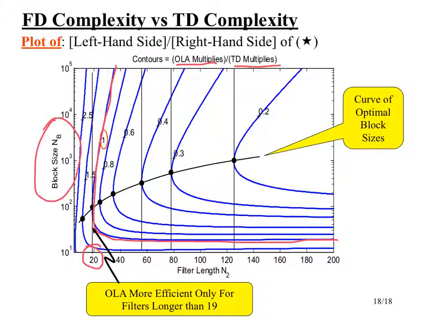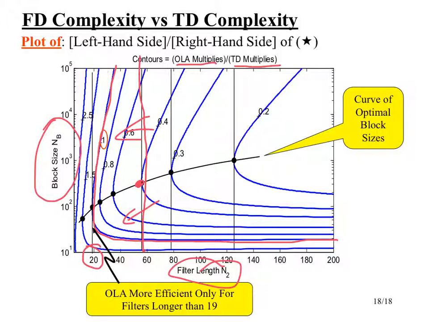We can also see that for a given filter length, if you draw a vertical line, the contour that it just touches is going to be the optimal block size for that filter length, because a block size larger or smaller than that will take you in this direction of the curve.